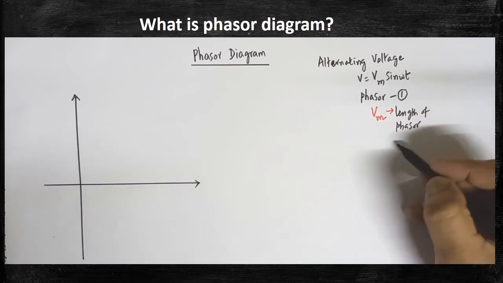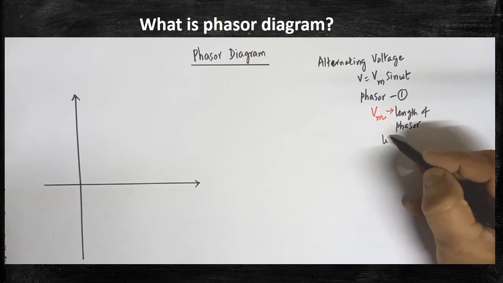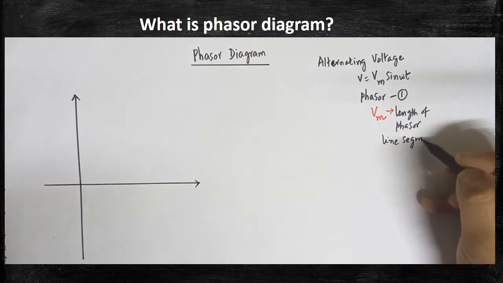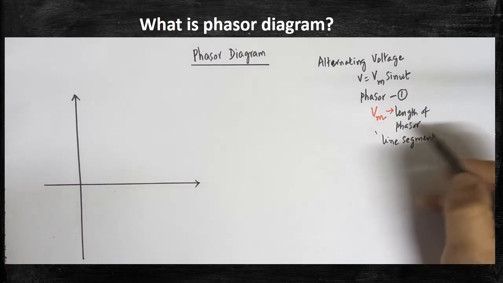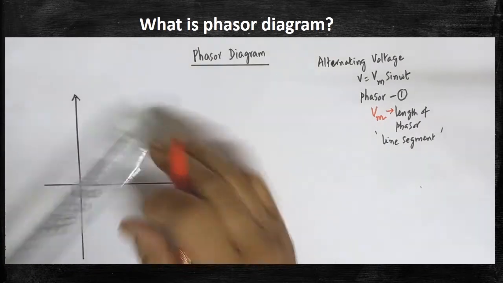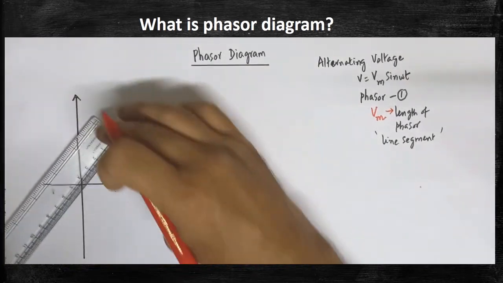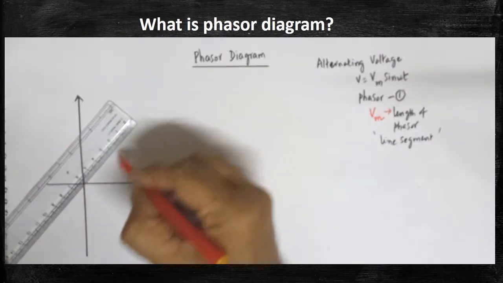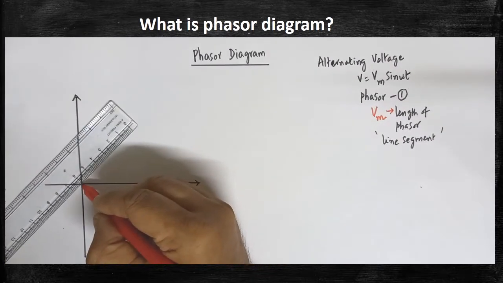That line segment length must be equal to the Vm, the peak value. So, let us take here 6 centimeter. 6 centimeter is the length of the phasor V.